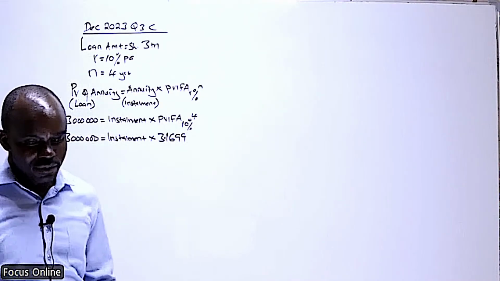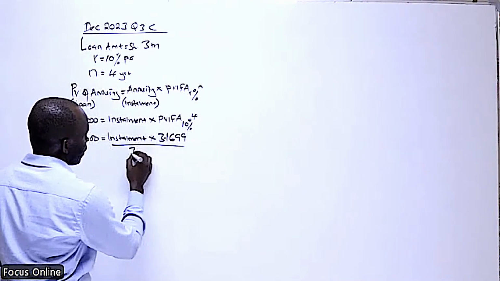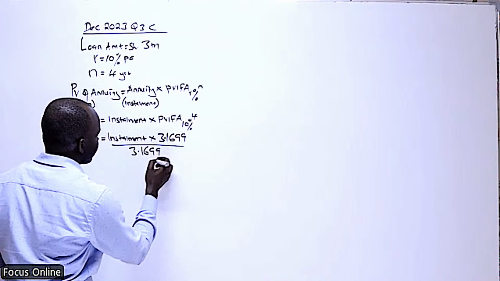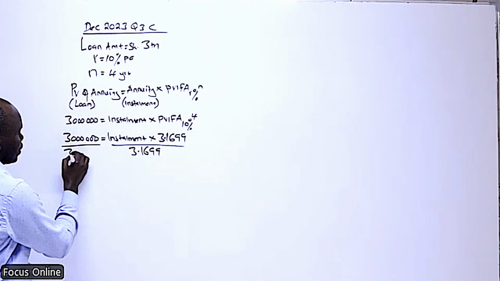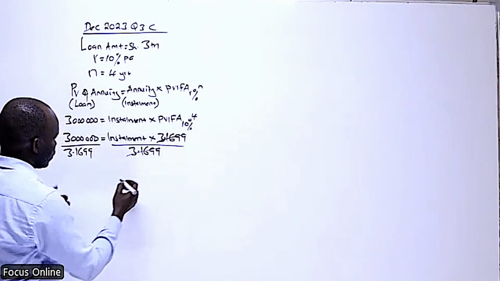So then you divide both sides by 3.1699, and this and this will go.